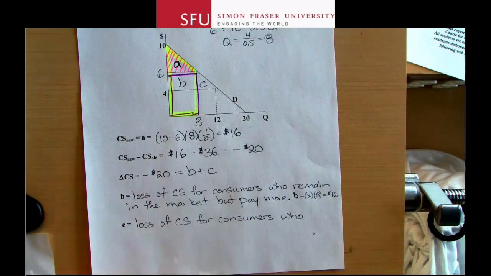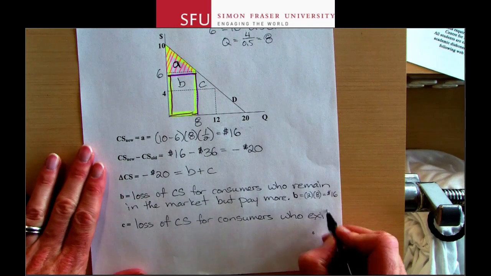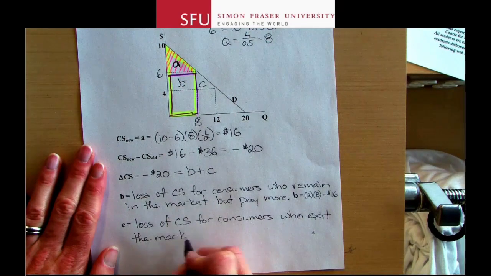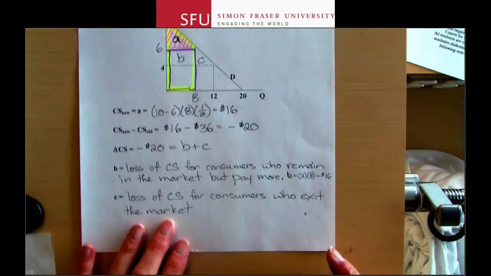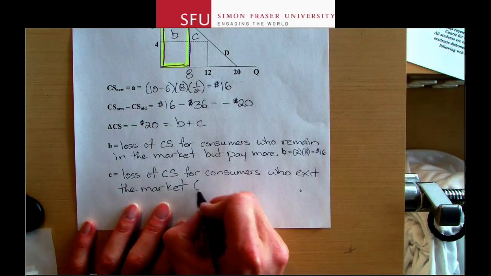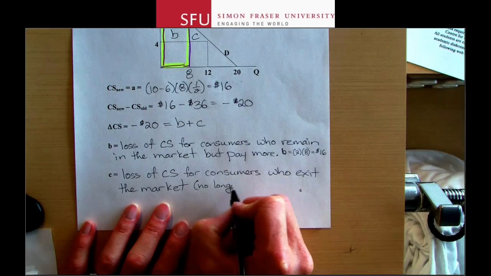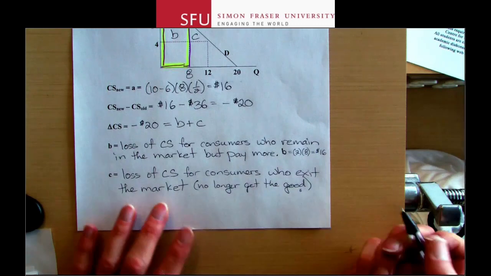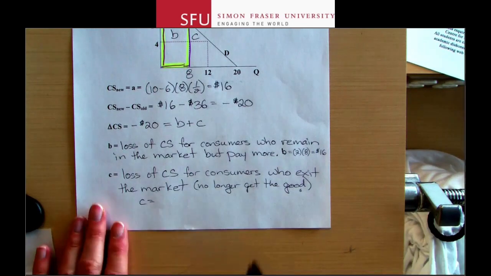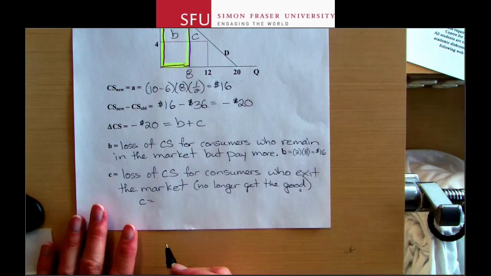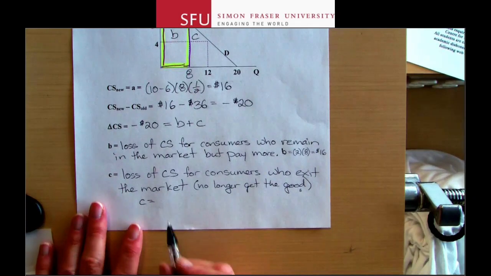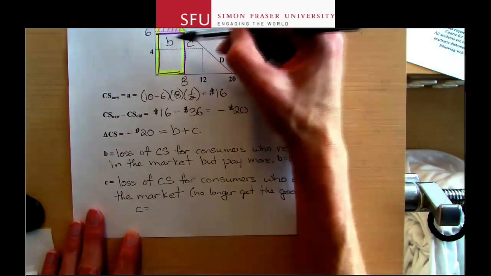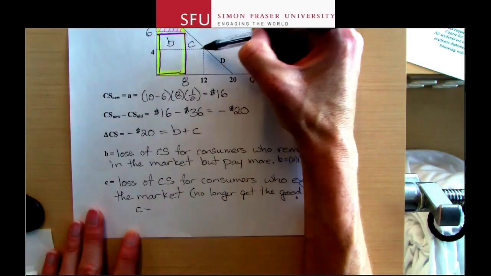It's not worth it at that higher price. Okay, and then last thing, we can calculate area C. So it's an area of a triangle. Okay, so 2 times 4 divided by 2.